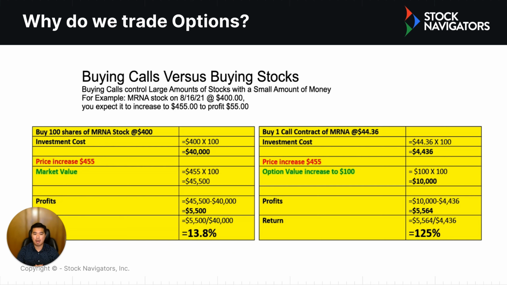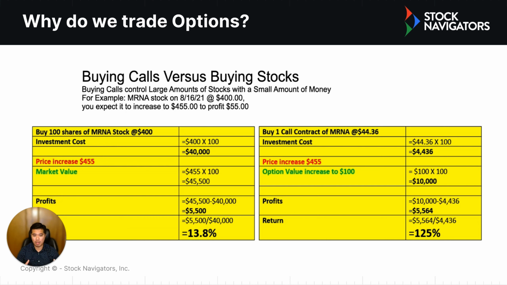However, Tom purchased a buy call on Moderna at $44.36 per share. That translates into only $4,436 per contract. Let's say you don't have a large capital like Tom and you only want to buy one contract. In this scenario, when Moderna stock price is trading at $455, the call contract that you bought has increased to a value of $100 per share.